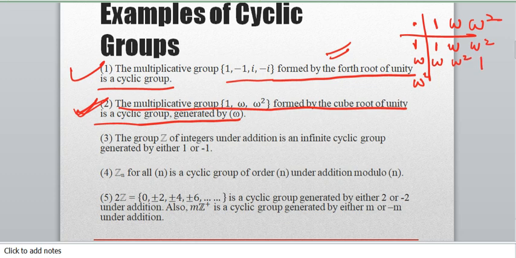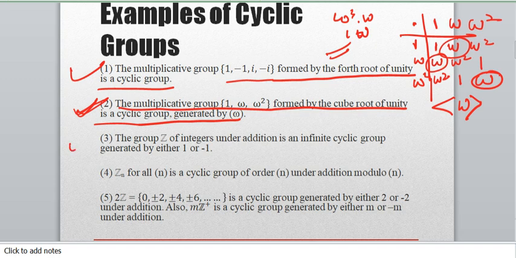Then omega to the power 4 is omega cubed into omega, so omega cubed is 1, and 1 into omega is omega. So you can see how omega is generating this group. Omega is the generator.